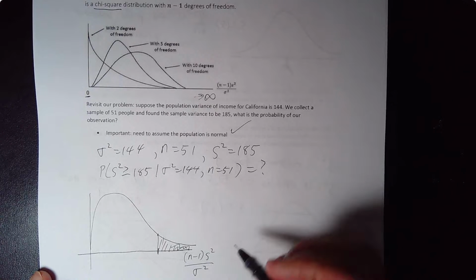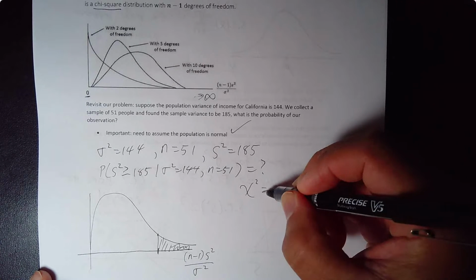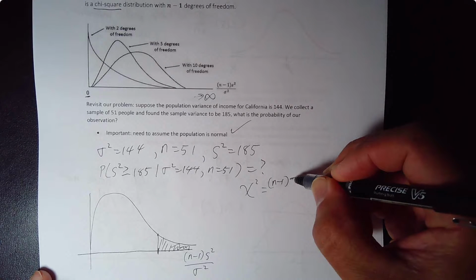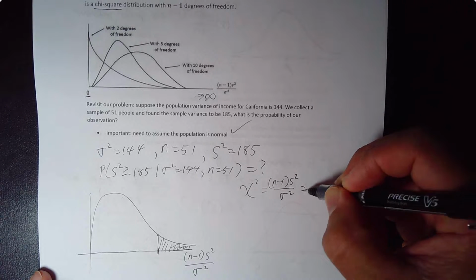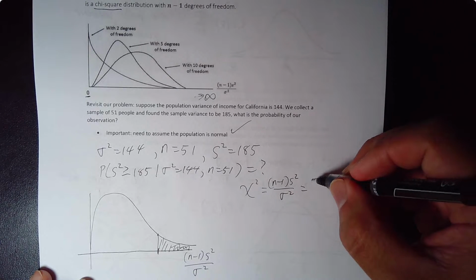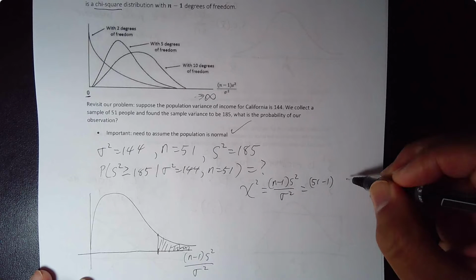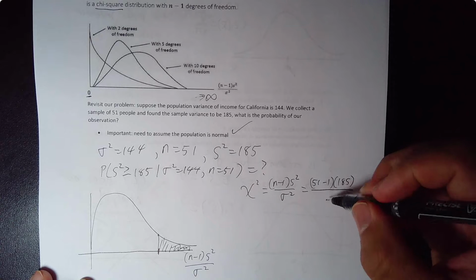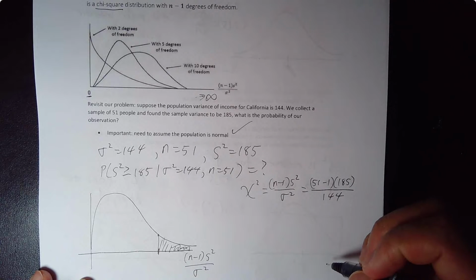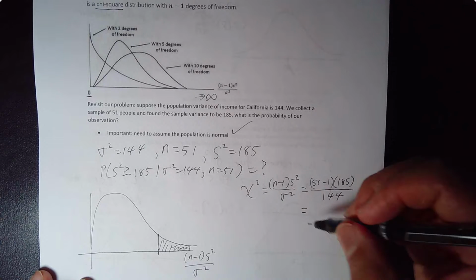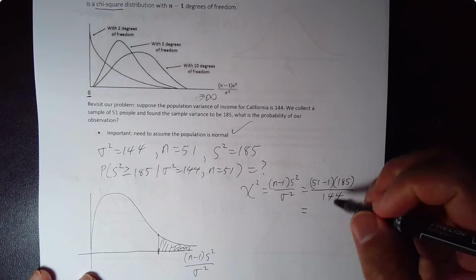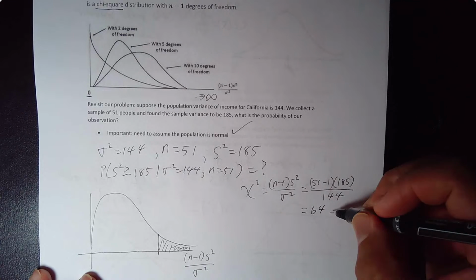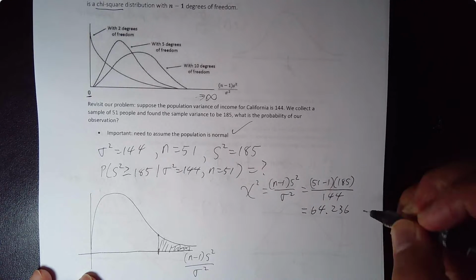We call that chi-square equals n minus 1 times s squared over sigma squared. So n minus 1, that's 51 minus 1, times s squared, 185, divided by 144. That is going to equal 64.236.